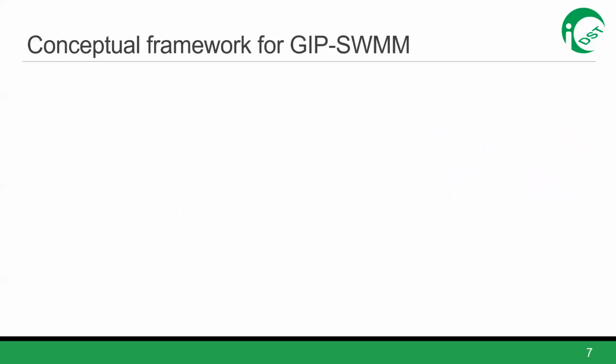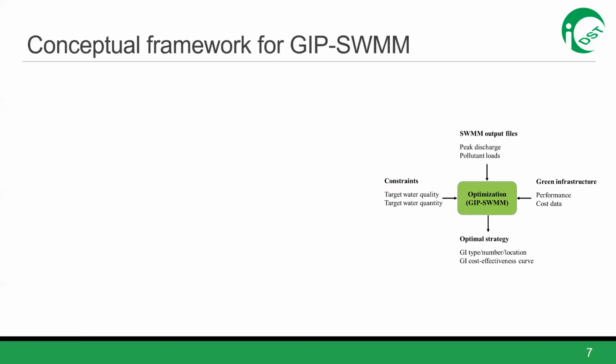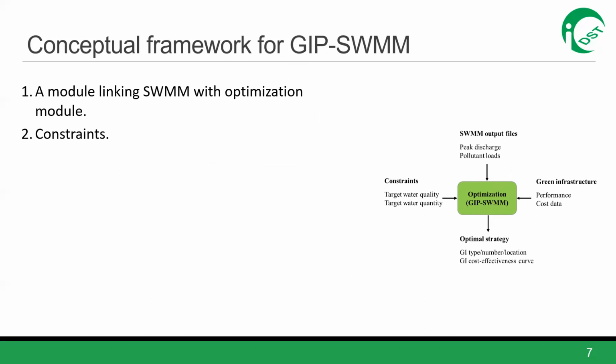In this slide, I'm going to talk about the conceptual framework of the green infrastructure placement tool coupled with SWMM, or GIP-SWMM. The tool includes four component modules integrated into one tool. The first is a module linking SWMM with the optimization module. Second, we have constraints such as target water quantity or quality.